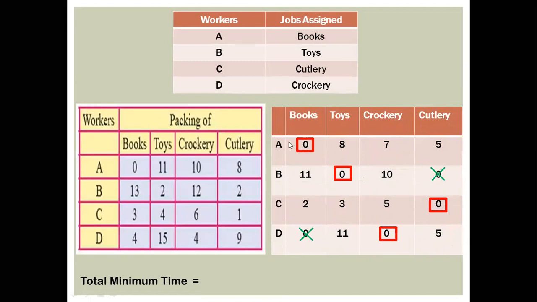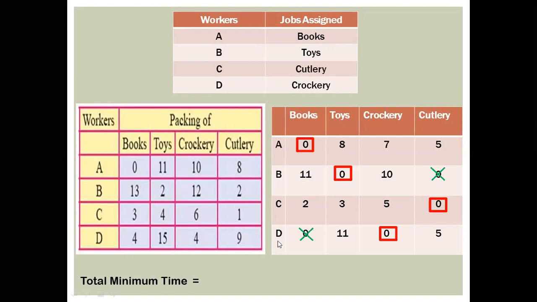That is, as you can see, A is assigned the first row and first column. So the time given here was not 0 but 3. B is assigned the job which is given in the second row and second column. The second row and second column has the number 2. Similarly for C, he is given third row, fourth column. So the number is 1.